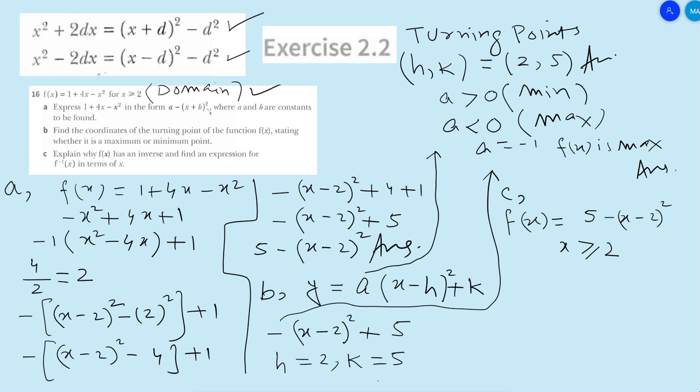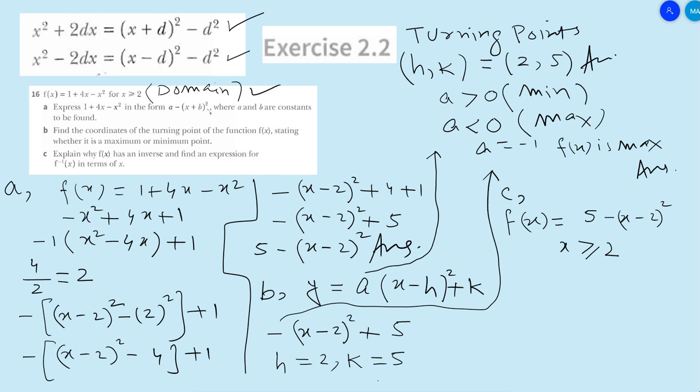Hence, this shows that if we put every single value of x, we will get a single value of y, because the domain is x greater than or equals to 2.